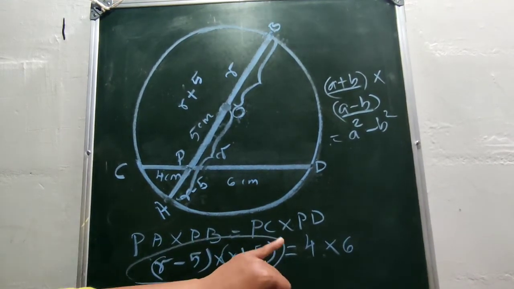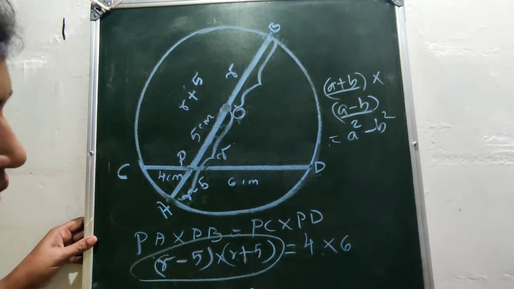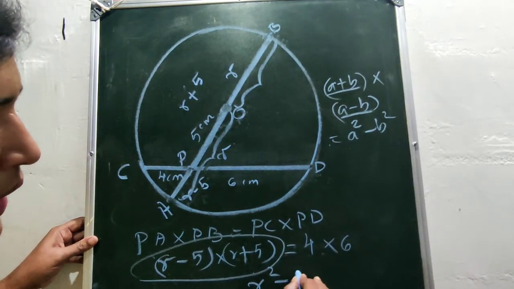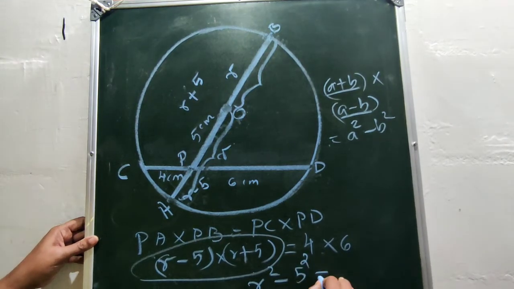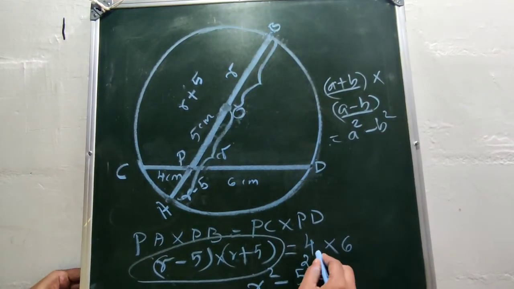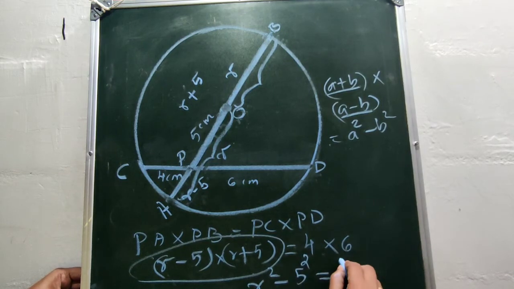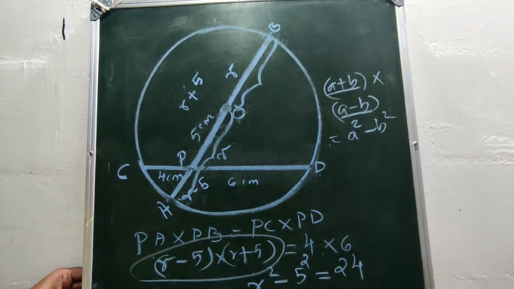So what is R minus 5 into R plus 5? R minus 5 into R plus 5 is equal to R square minus 5 square. Then 4 into 6 is 24.